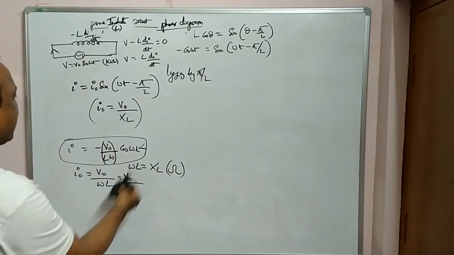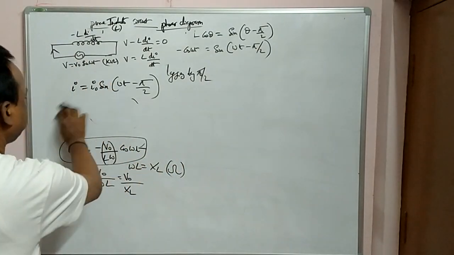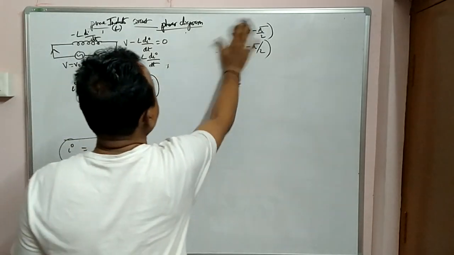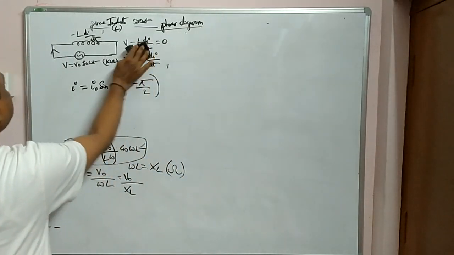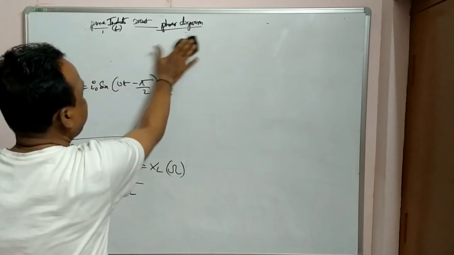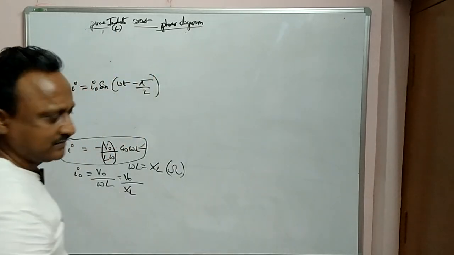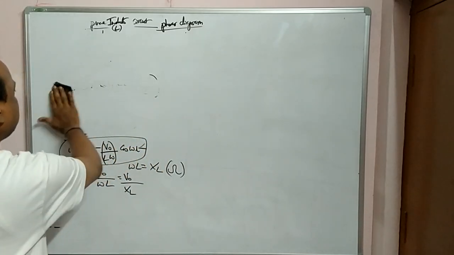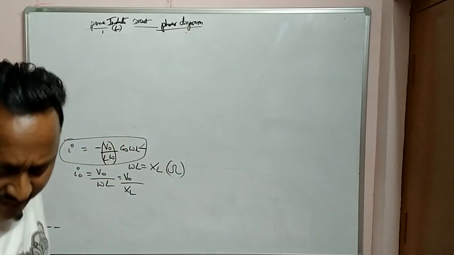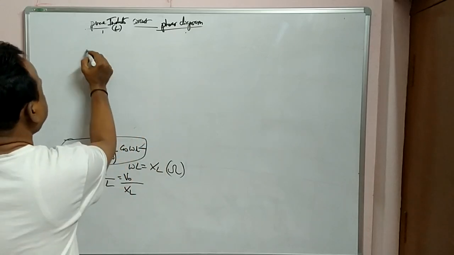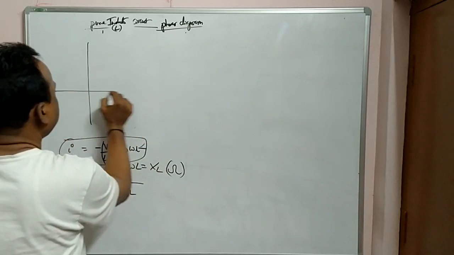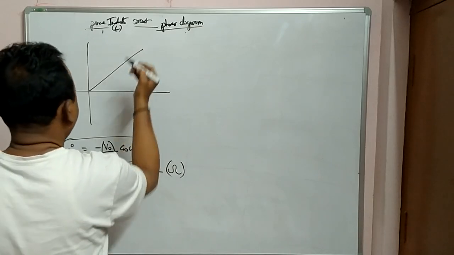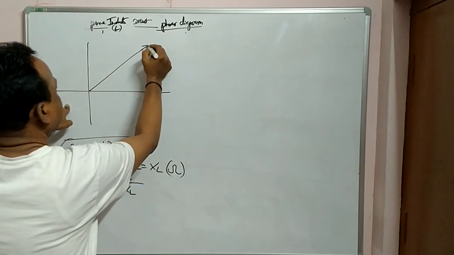Again for this you can draw the phasor diagram. I will copy this one and drop the earlier figure because I don't have space. Once again, this one is the voltage.